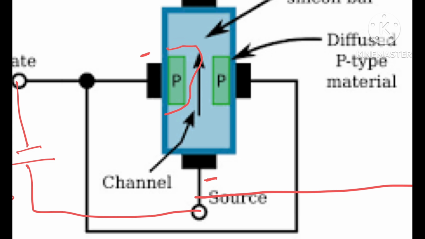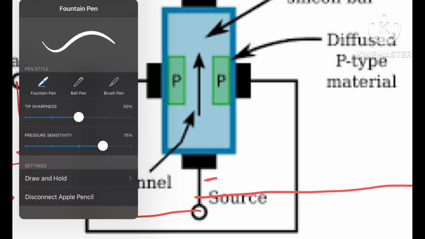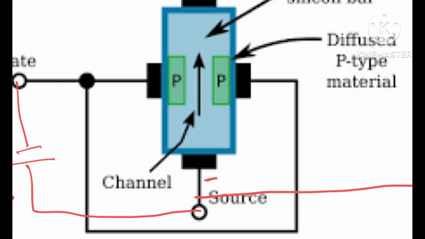To understand that, we need to take an analogy. We can think of this whole channel as multiple resistors together. So you can think like there are 4 resistors here: 1, 2, 3, 4. Now, as we know, whenever resistors are connected in series, voltage is divided among them.